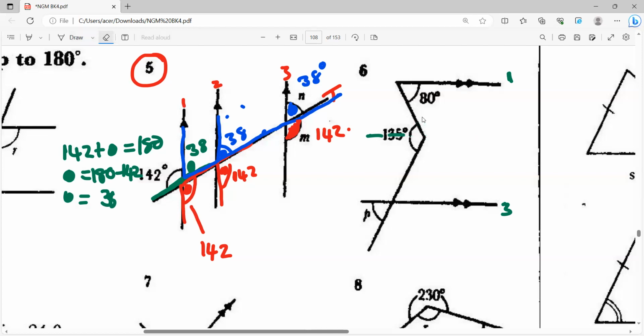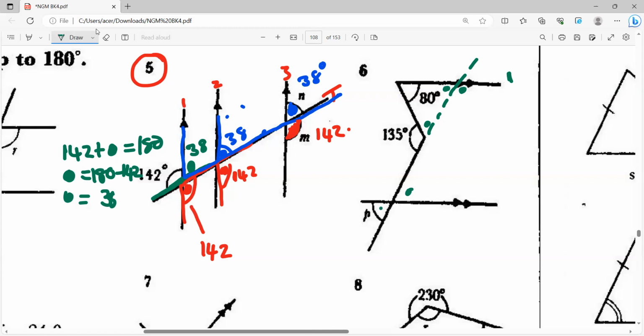Another way to do that is also to try and construct it this way, but I doubt if it will give us the correct answers. You can extend one of the lines like that, and then try to find this guy, try to find that guy, and you get that guy, and boom, that's fine.